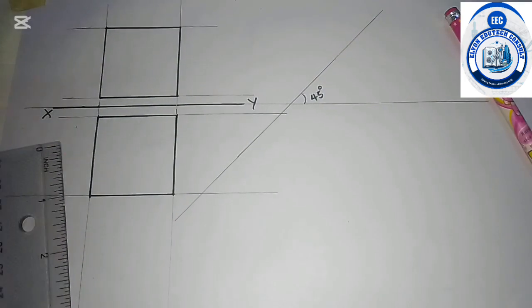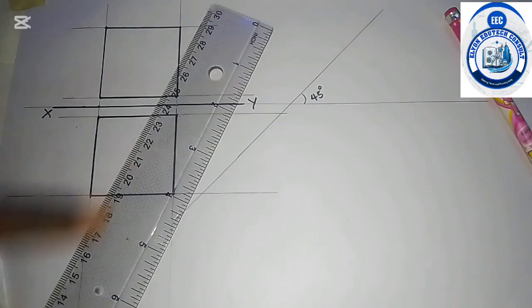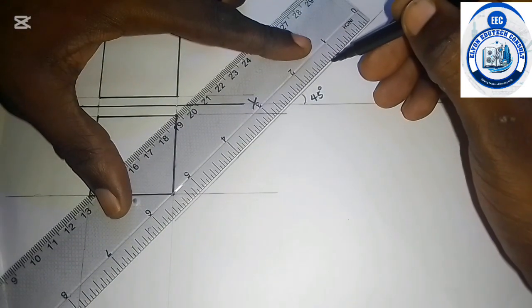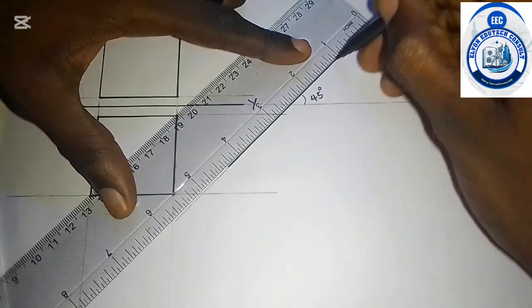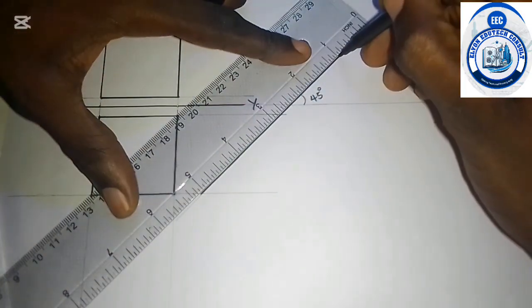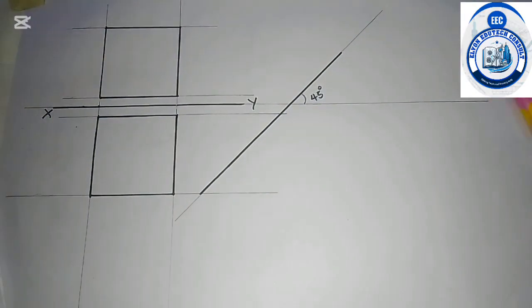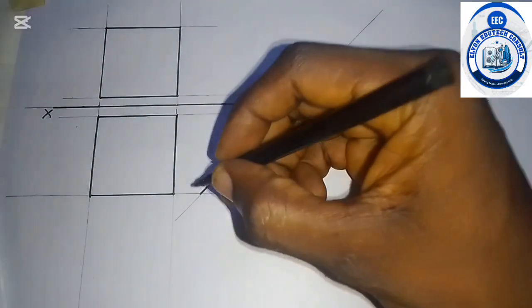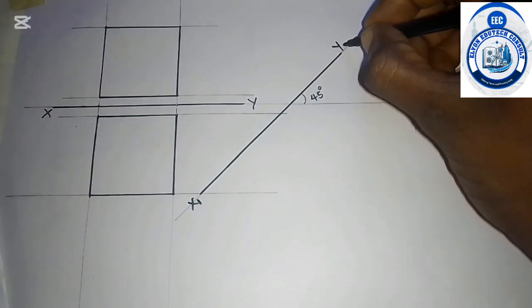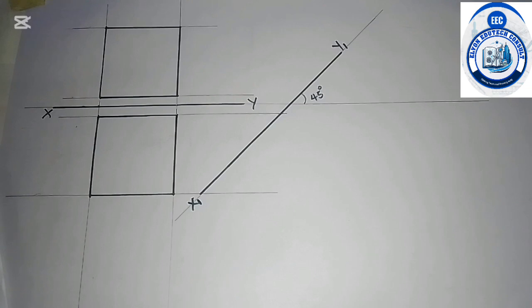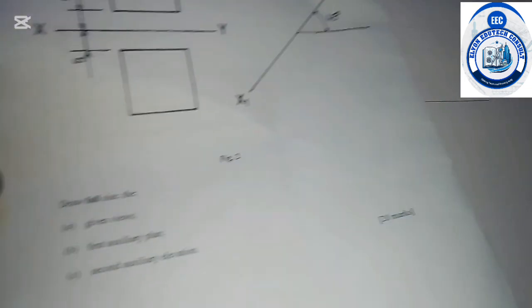Okay, so I will just take out this part of the line. Just stick it out to any convenient length of your choice. Okay, so we have this as X1 then Y1. So doing it like this, you have your full marks, whichever marks that is allocated for the A part here, which is the given views.